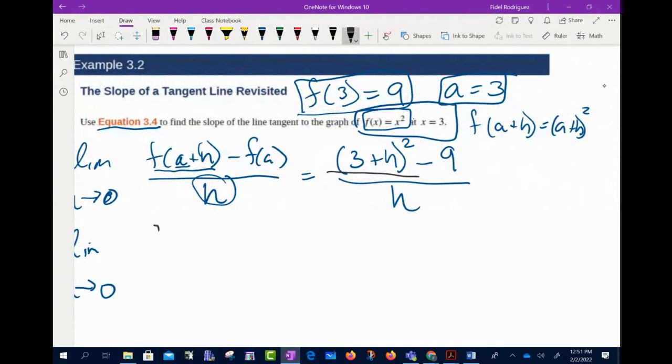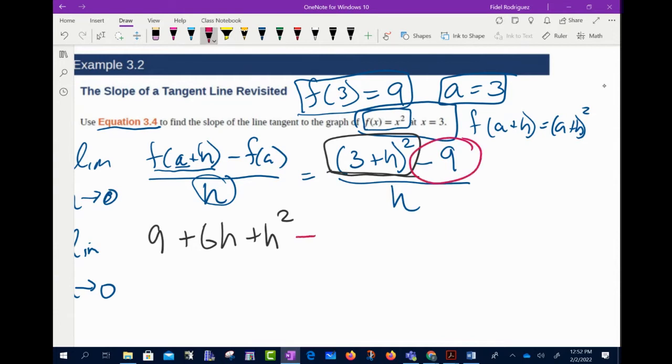And we're going to say we had a 9 plus 6h plus h squared. Wasn't that this part right here? Right? What do we still have after that, though? Minus 9 all over h, right?